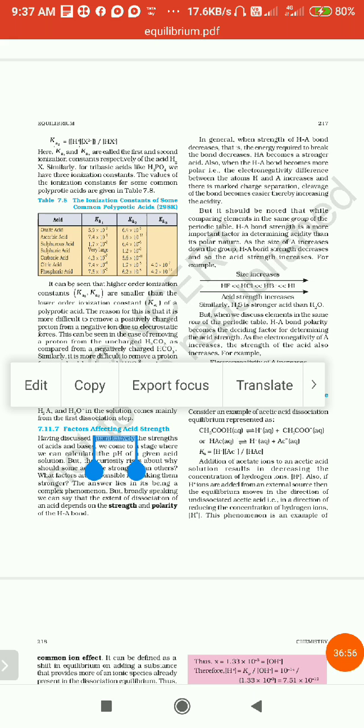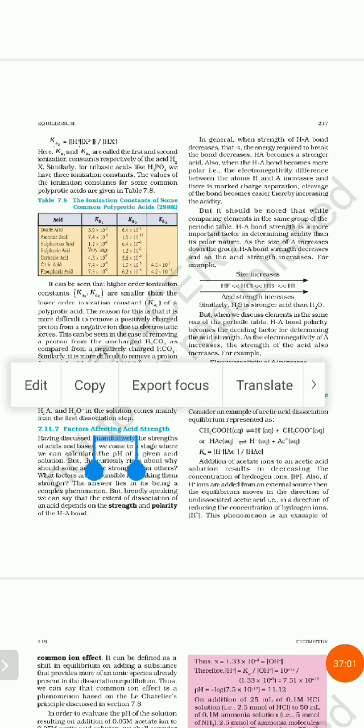Next, what are the major factors affecting acid strength? Already we know that acidic strength, for halogens for example, is nothing but electrostatic force of attraction.